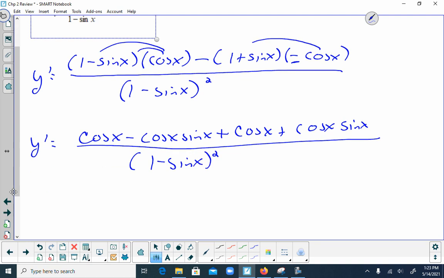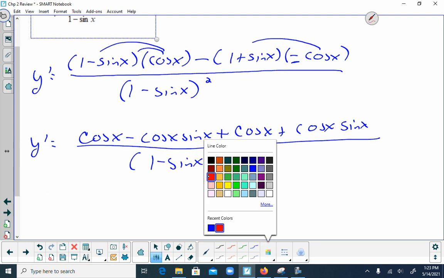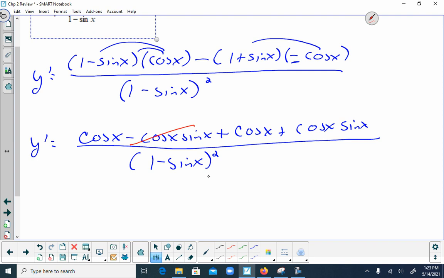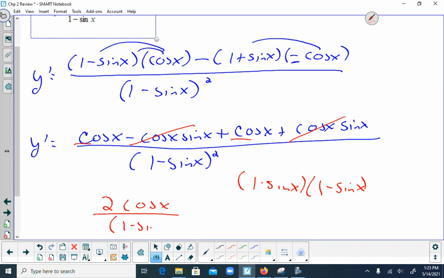When I look at the numerator, I see that I have a negative cosine x and a positive cosine x, so those are opposites, so they will add to 0. I have 2 cosine x sine x, and then this is technically 1 minus sine x times 1 minus sine x. So I'm just going to leave it as 1 minus sine x squared. I'm not going to try and simplify that, and that is my derivative.